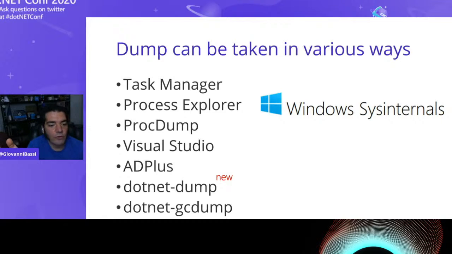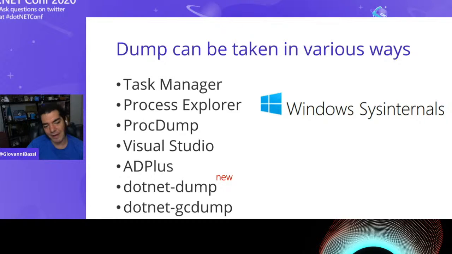Dumps can be taken in various ways. You can use the Task Manager on Windows. You can do it right now on your machine. You can use Process Explorer or ProcDump from Sysinternals. They will help you take dumps, and you can configure ProcDump to take a dump at a specific point in time. Visual Studio is also able to take memory dumps.